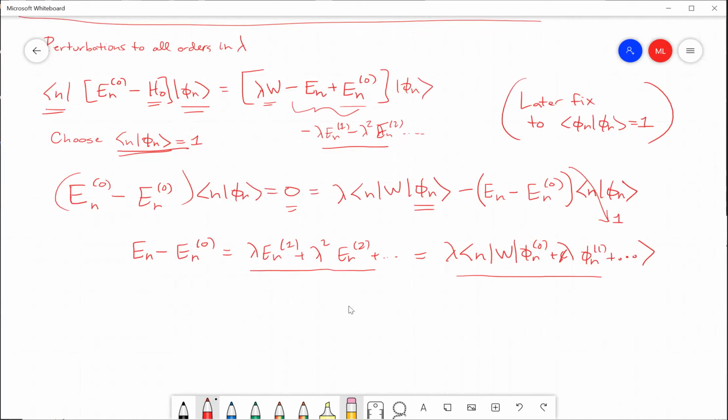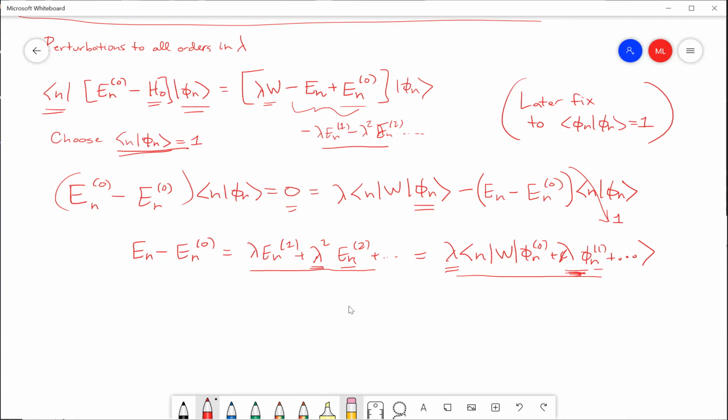If you now look order by order in lambda, it's pretty obvious what's going on here. This power of lambda corresponds to a term here that's 1 less power in the state correction. So here's the state correction, but this overall term is proportional to lambda. So the lambda squared term is the first state correction, and that is related to the second energy correction.